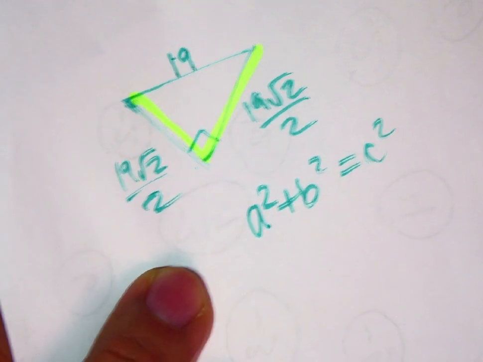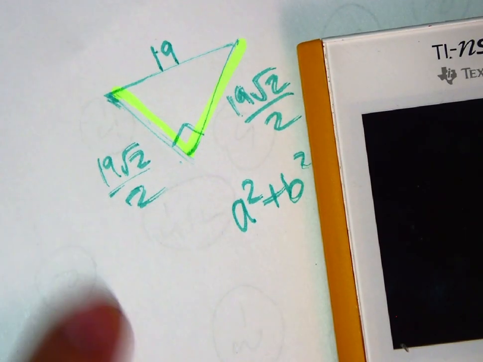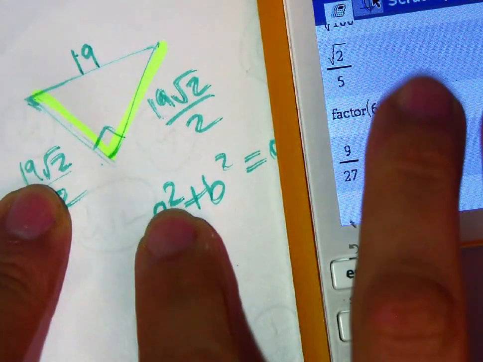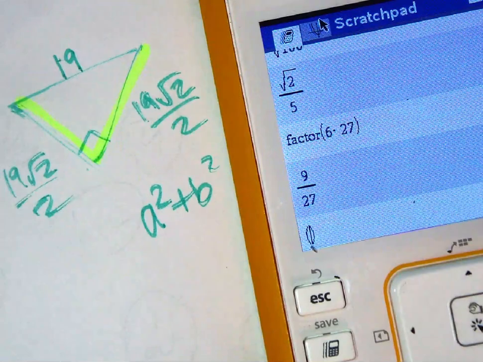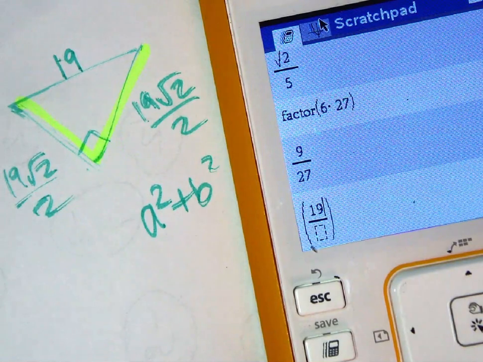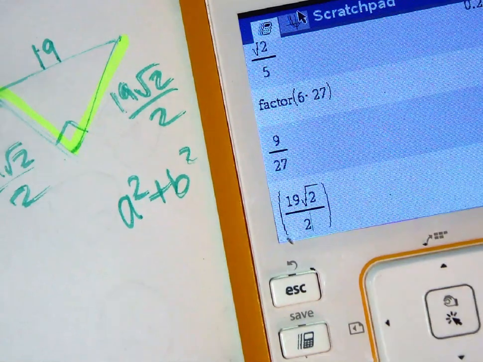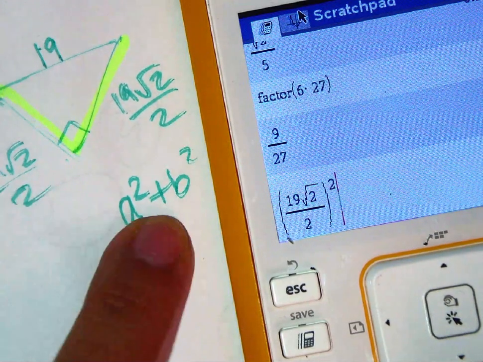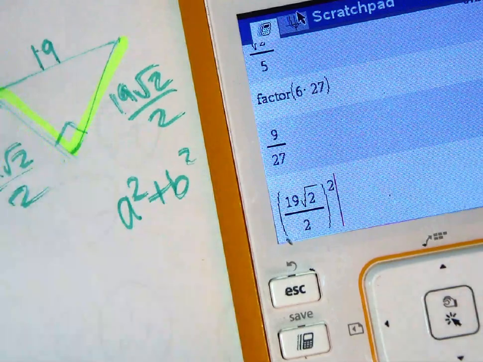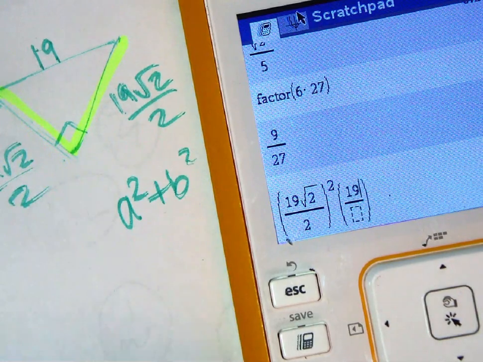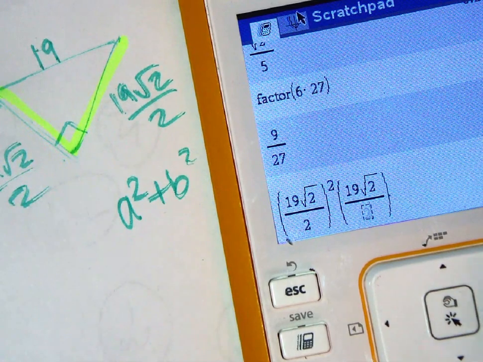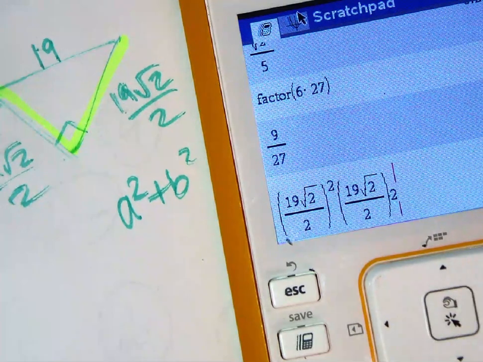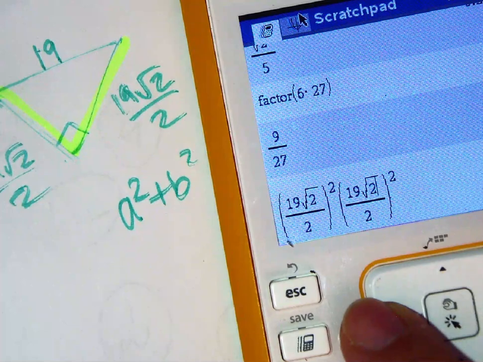And if I was to type on the calculator this leg squared, so I'm going to write 19 square root of 2 over 2 squared plus the other leg squared, I forgot to put a plus.